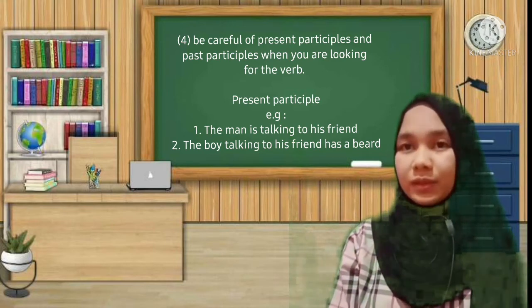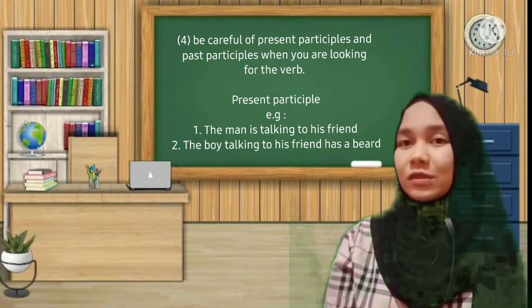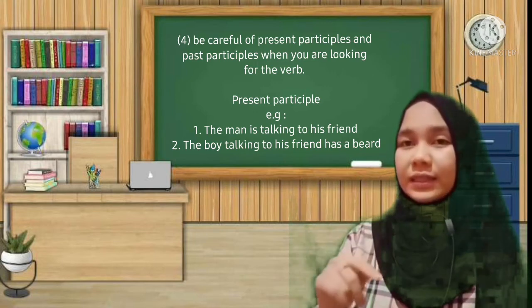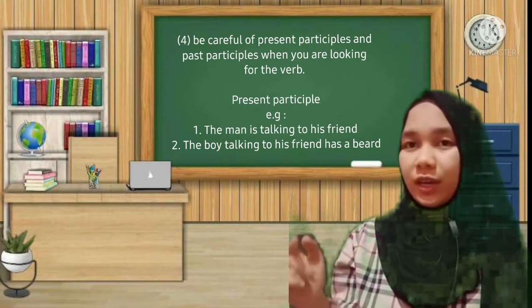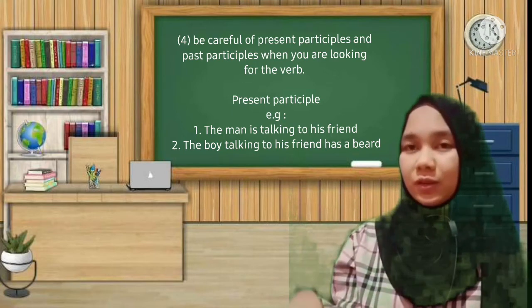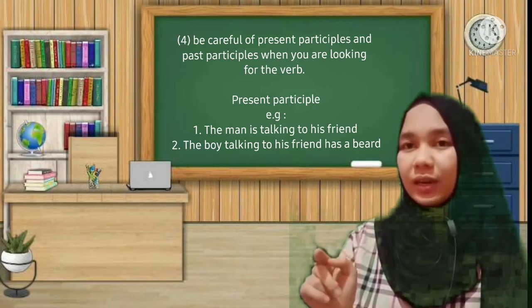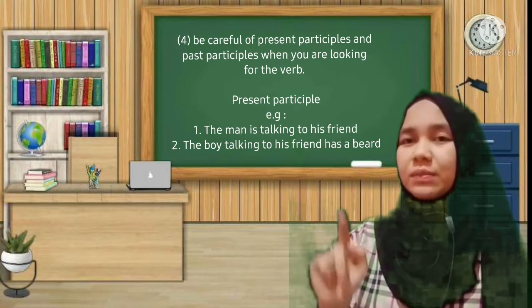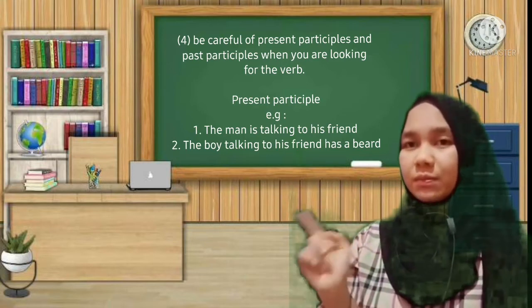For example, Tom is talking to his friend. From the sentence, we can analyze that is talking is the present participle as the verb, because it is verb plus ing following to be, which means the present participle functions as the verb.